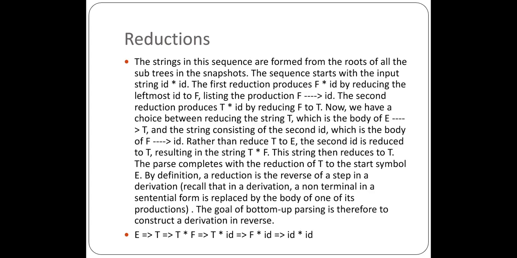Initially we convert the id into F, using the production F gives id. Then the F will be converted into T, and in the next step the rightmost id will be converted into F, then T asterisk F will be converted into T, and finally the T will be converted into capital E.